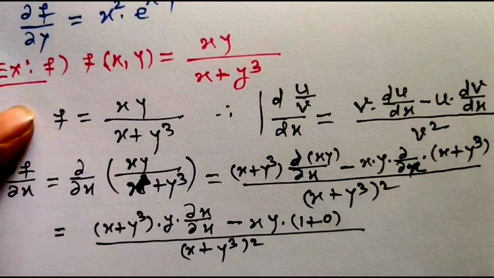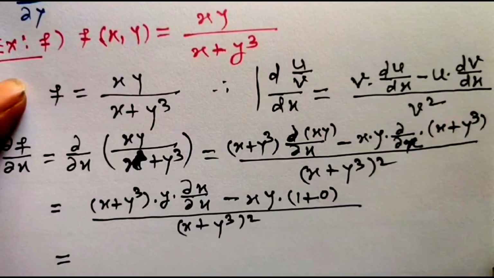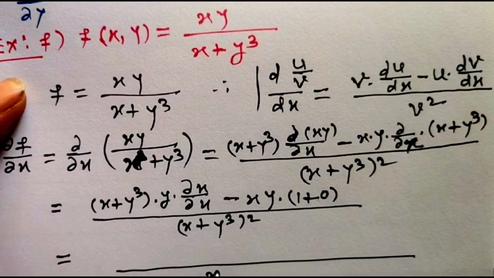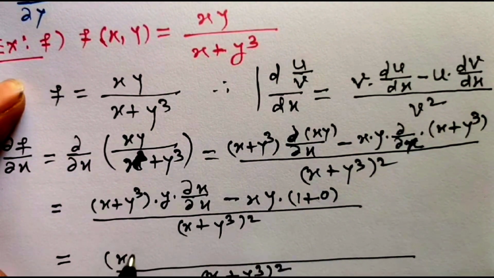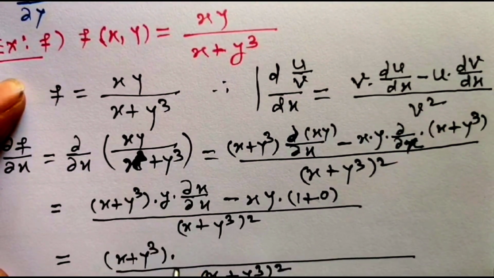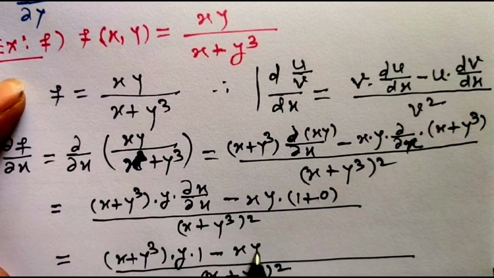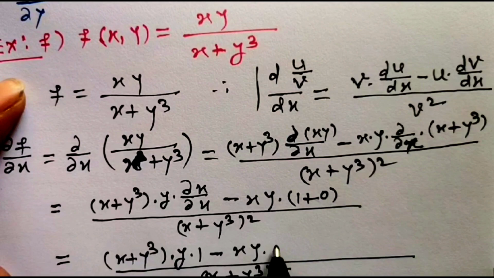Simplify this, so this is equal to, again keeping the denominator as it is, now in the numerator x plus y cube into y and the derivative of x with respect to x is 1, minus x into y into 1 plus 0 is 1.